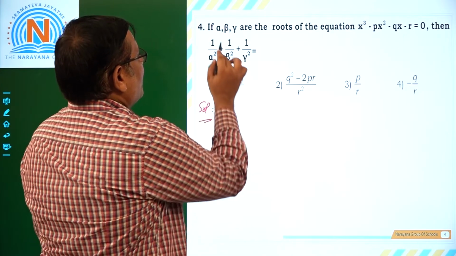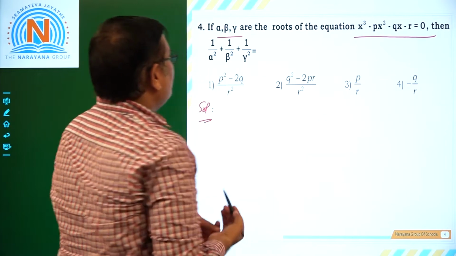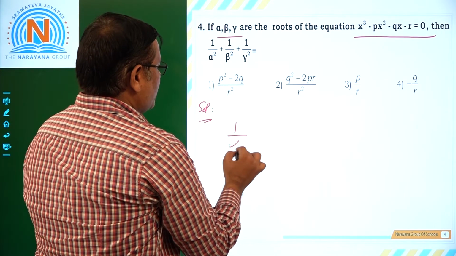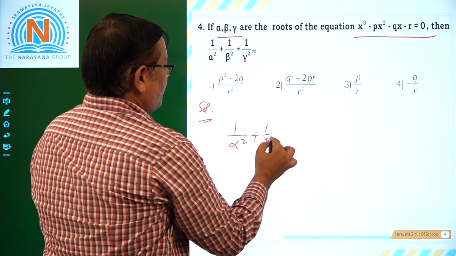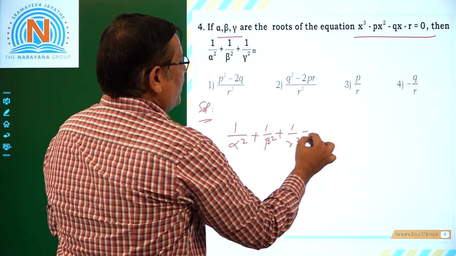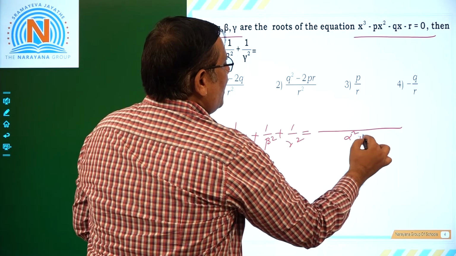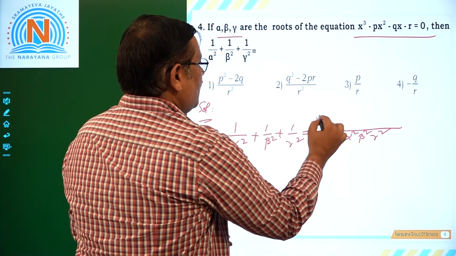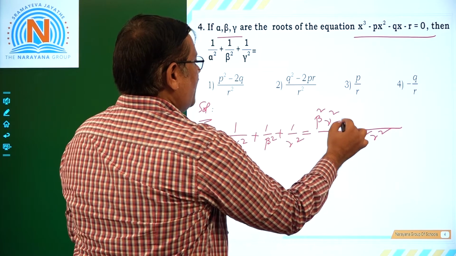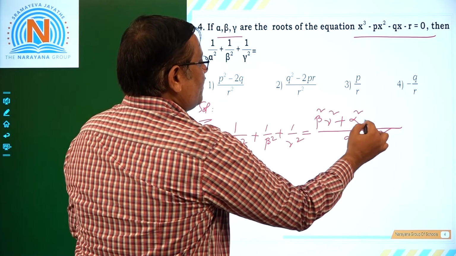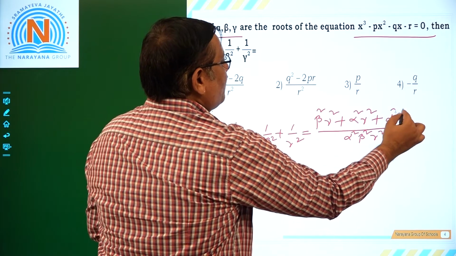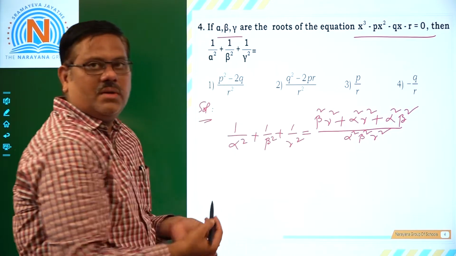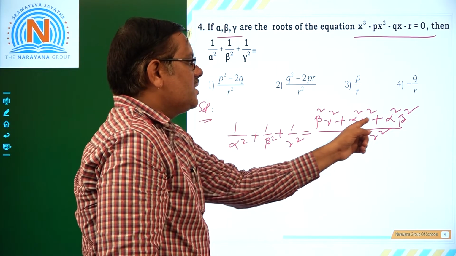Now we see the next question. Similarly, alpha, beta, gamma are roots of this equation. What is 1 by alpha square plus 1 by beta square plus 1 by gamma square? The LCM is alpha square beta square gamma square. So what do we have in the numerator? Beta square gamma square plus alpha square gamma square plus alpha square beta square. It is something like a square plus b square plus c square.